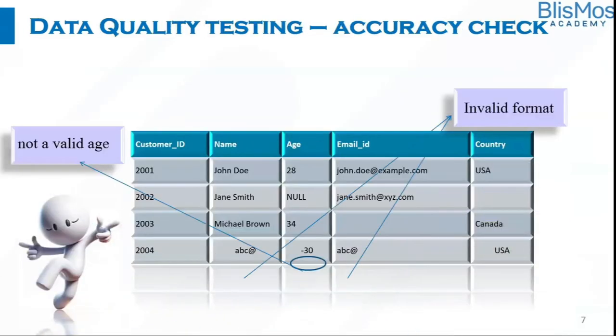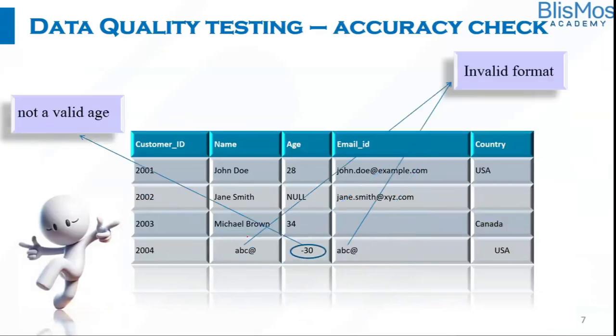For example, here in this case, we'll see this is an invalid format because the name doesn't contain @, right? And minus 30. Who on earth will have an age of minus 30? And this doesn't have the proper email ID. Like this, all these aspects are checked during analysis of accuracy check.